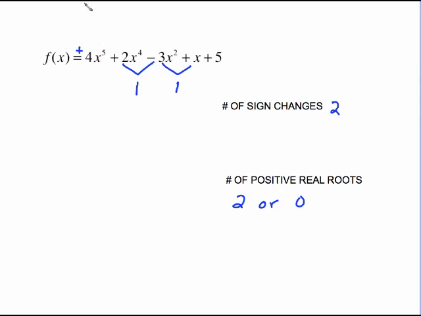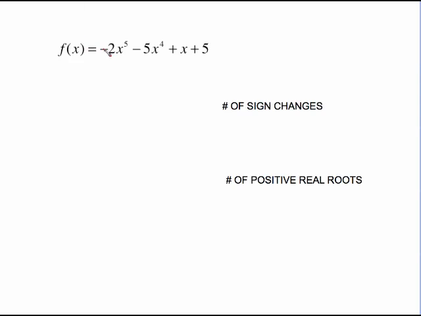Still doesn't help any. Negative next to negative is not a sign change. Negative next to positive is. Positive next to positive is not a sign change. There is 1 sign change. There is 1 positive real root. And you might think, oh, that's going to be very helpful, but it's real. It could be a radical, so it doesn't help.